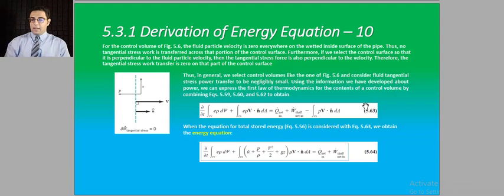With more calculation, the total energy equation is obtained as equation 5.64, because this term is moved from this part to this part, which gets the plus sign here.